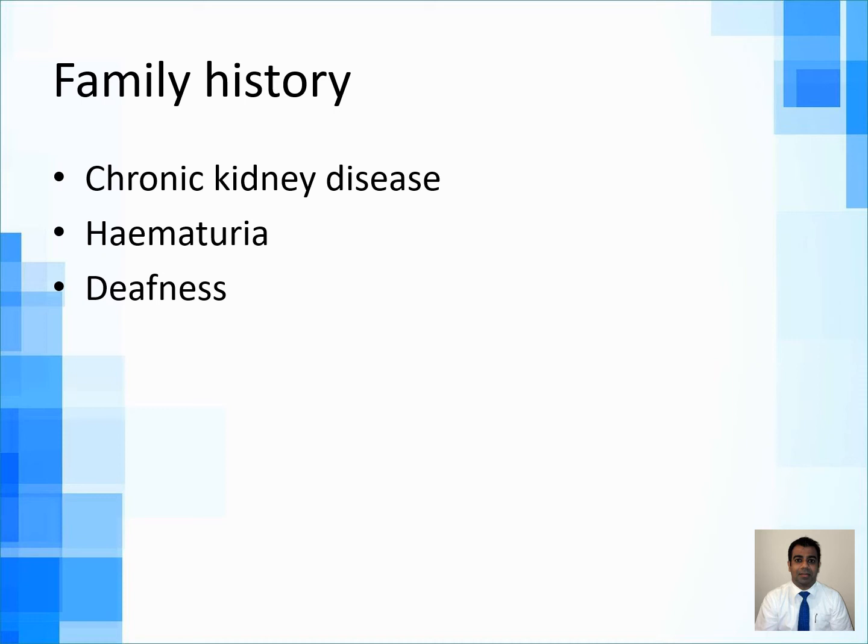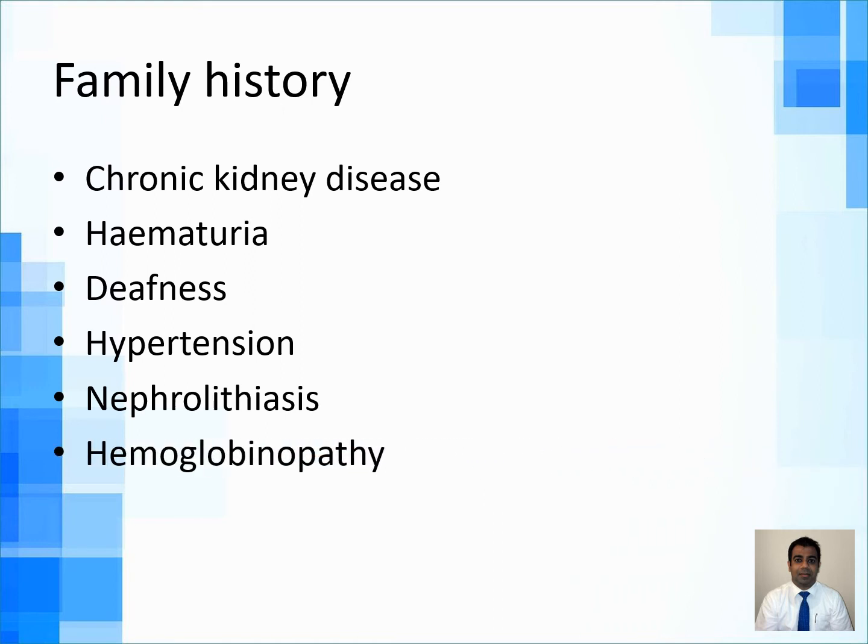Family history of deafness is extremely important because this would indicate Alport syndrome. Family history of hypertension again might indicate renal disease and conditions like Alport syndrome and IgA nephropathy. So you need to look into that, and there can be a family history of nephrolithiasis or urolithiasis, which would indicate stone disease.